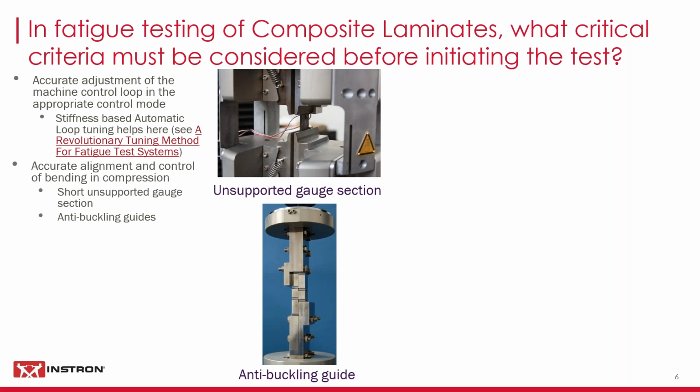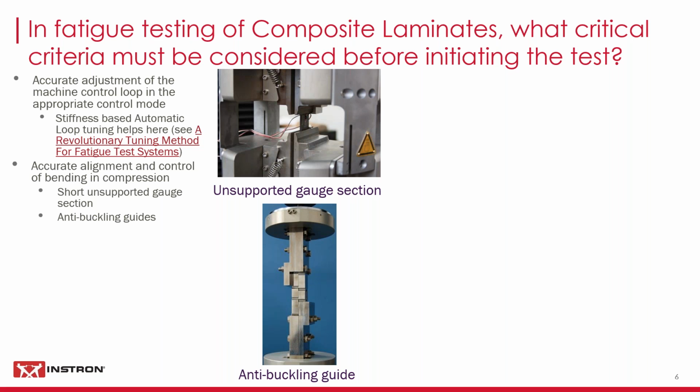We need accurate alignment, particularly control of bending in compression. Generally, that's going to be done in one of two ways, either using a short unsupported gauge section to prevent Euler buckling, or using some form of anti-buckling guides to actually prevent the specimen buckling. You see the two extremes in the pictures on the slide now.